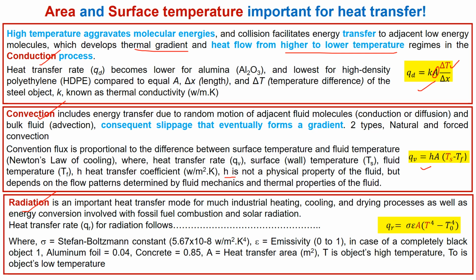Two types of convection, natural and forced convection. Radiation is an important heat transfer mode in an industry where material emissivity has a significant role, including surface area and temperature. Complete black body has one, and so on.